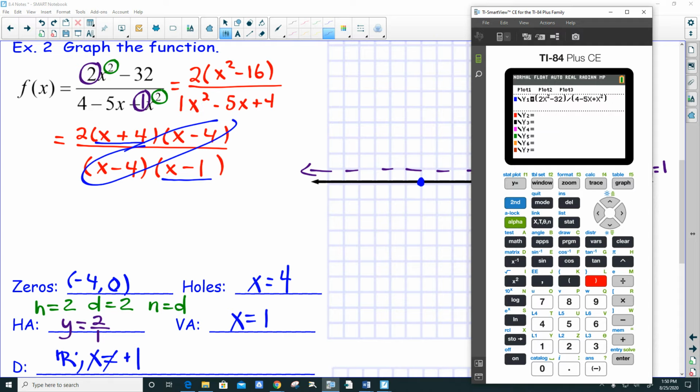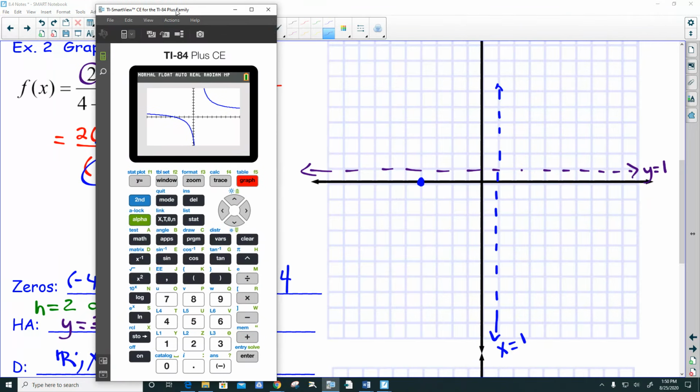There we go. Hit graph. We're just going to examine that to help us fill in the graph.